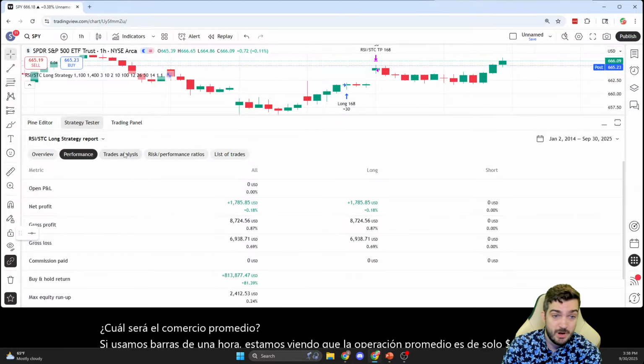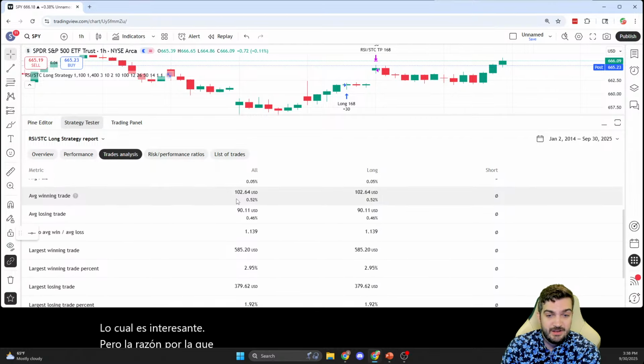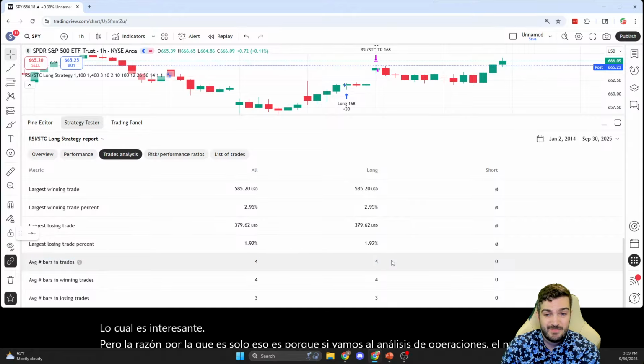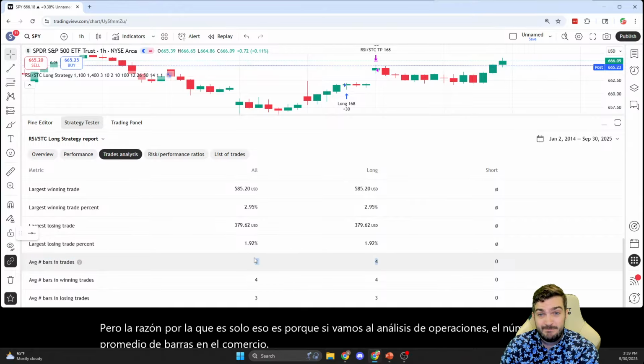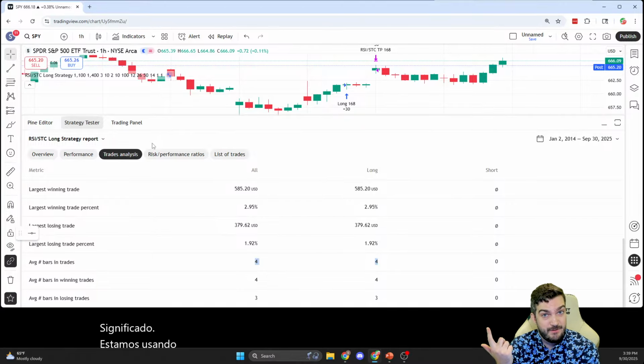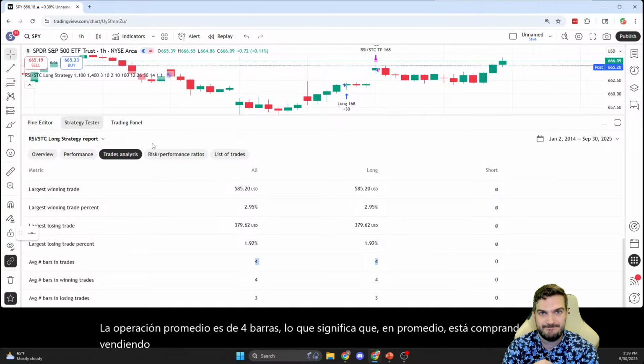which is interesting. But the reason that it's only that is because if we go to trades analysis, the average number of bars in trade is 4, meaning we're using 1 hour bars and the average trade is 4 bars, meaning on average, you are buying and selling within 4 hours.